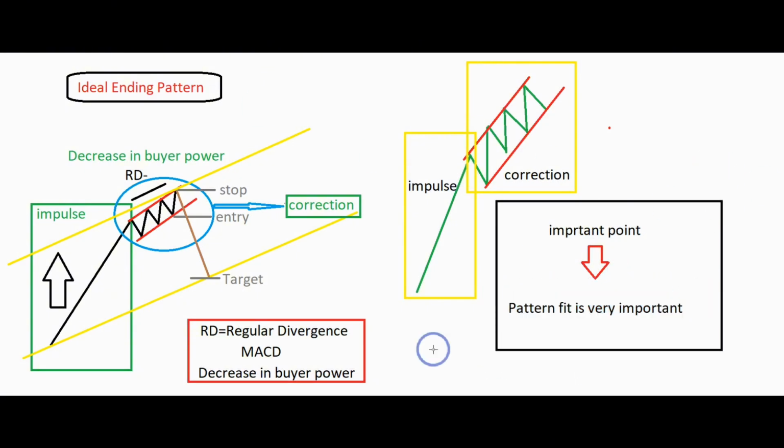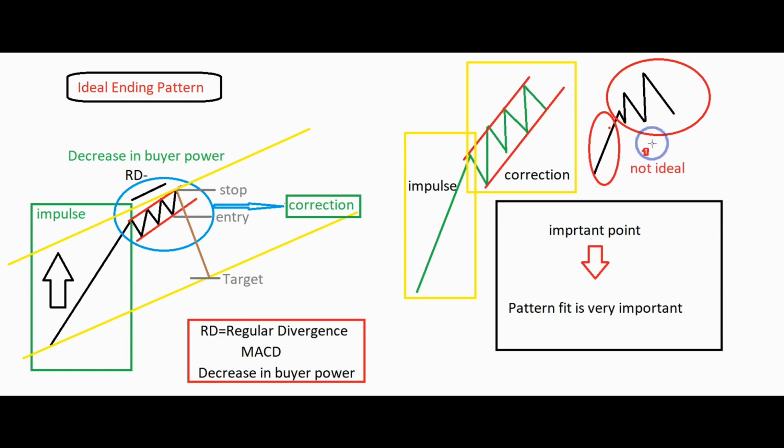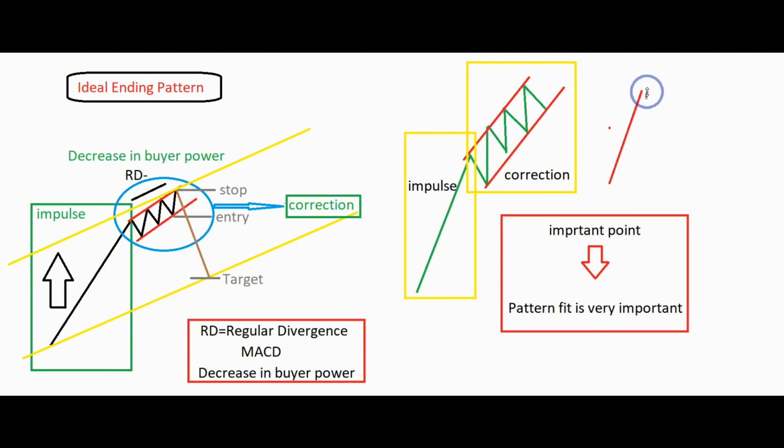By proportionate, I mean the impulse move and the correction must be in balance with each other. If the impulse move is much longer than the correction, or if the correction is too short compared to the impulse, the pattern will not be ideal. There must be a balance between them for the pattern to be valid.